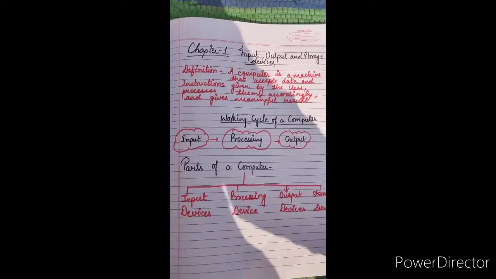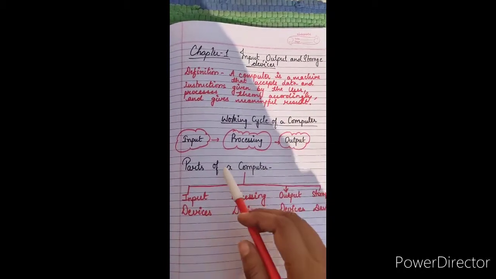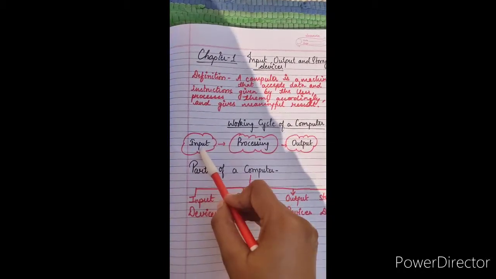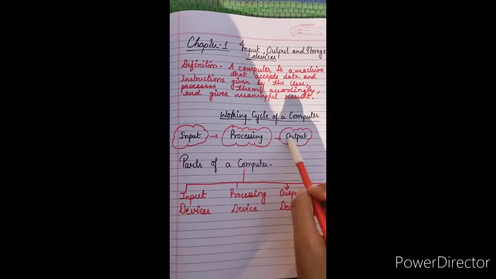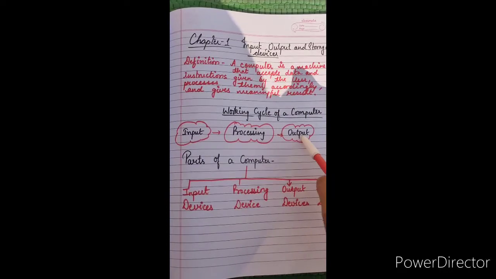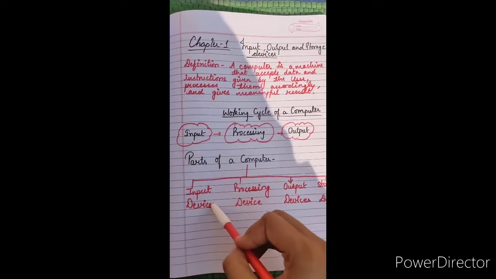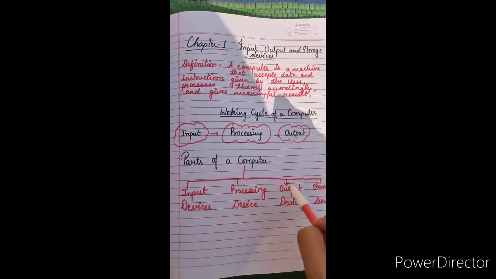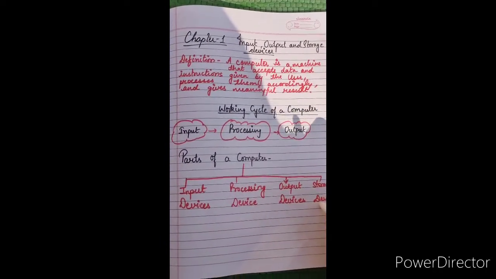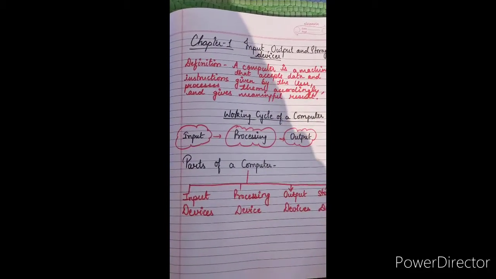The next topic is the working cycle of a computer, starting from input and ending with output. So input, processing, and output. The parts of a computer are input devices, processing devices, output devices, and storage devices. These devices are connected with each other through wires.